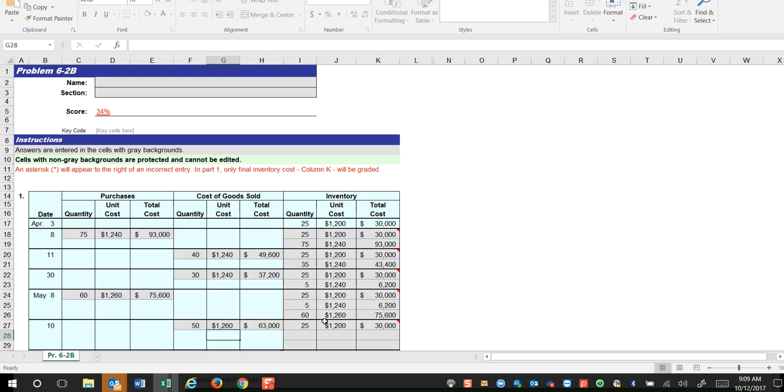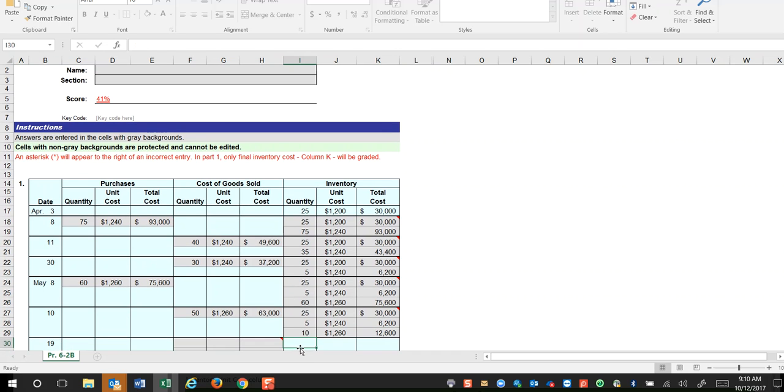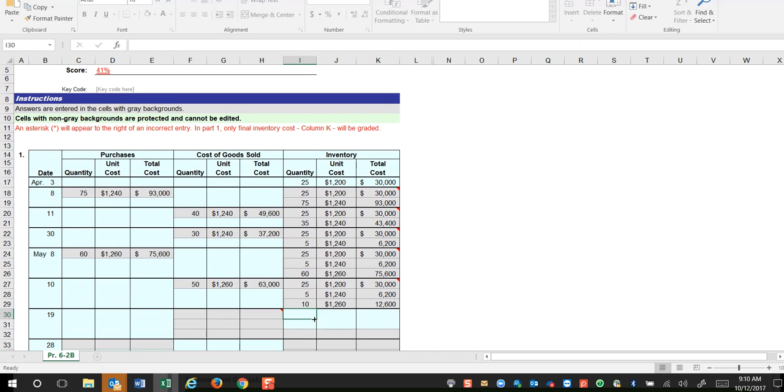Notice I haven't touched those. Do I still have those 5 left? Yes, because I didn't touch those either, and that would give me that 6,200. Because I had 60 to begin with and I sold 50, now I have 10 left at 1,260, giving me 12,600. And that's how you do it.